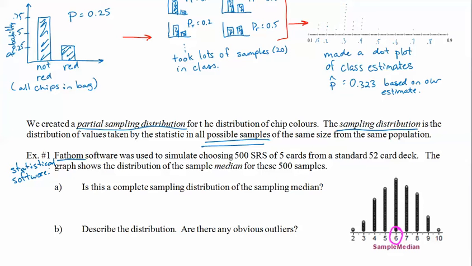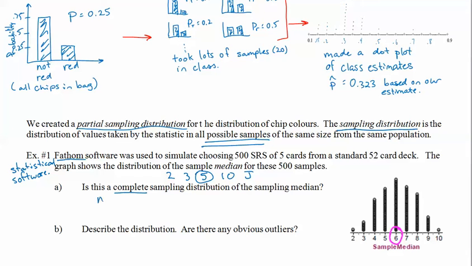So if you drew a 2, 3, 5, 10, and a jack, 5 is your median. Is this a complete sampling distribution of the sample median? So the question is, is it complete?